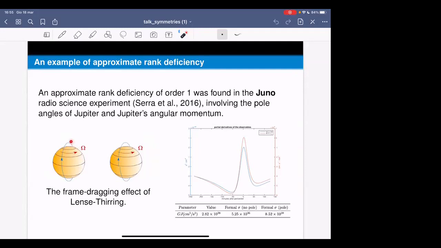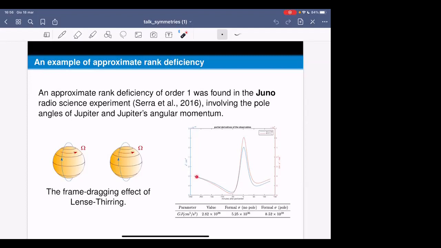And if this curve here is the orbit of a spacecraft orbiting the planet, say Juno, then the effect is to move the orbit by a small amount, so to move omega. And actually, the effect of a small variation of one of the two pole angles of Jupiter is exactly, or almost exactly, the same.